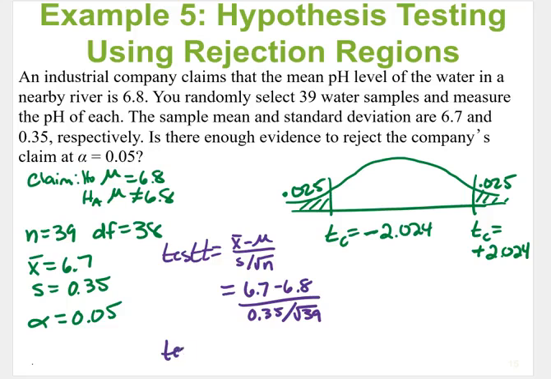Our test t is approximately, on my calculator, negative 1.784. That is going to fall right there, above negative 2.024. So we are in the do not reject region. So we fail to reject our null hypothesis.